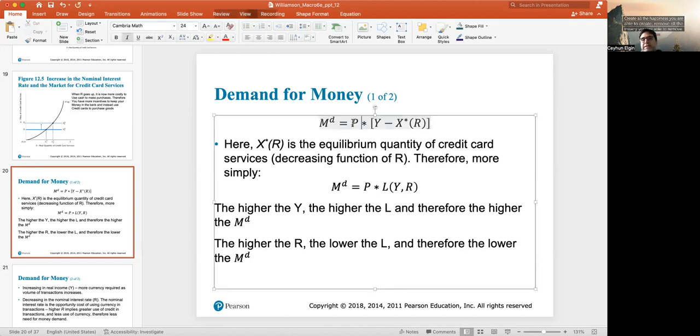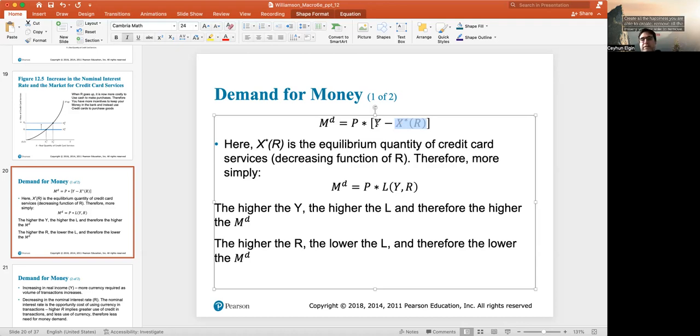It's a function of price level, positive function. The higher the price level, the higher the money demand, because the higher the price level, the more money you carry in your pocket. The higher the Y, the higher the output, and therefore your income, the more money you carry in your pocket. The higher the X star, the higher your intention to make purchases using credit card, the lower the money demand. Okay?